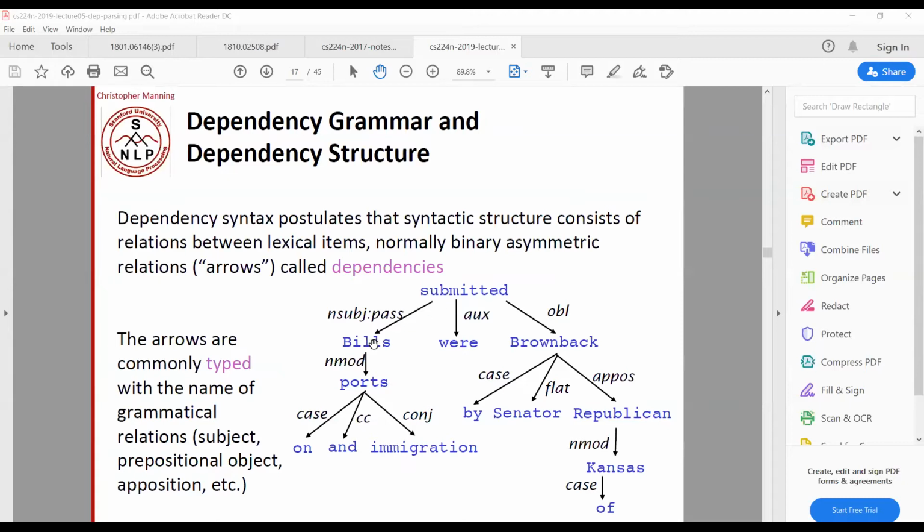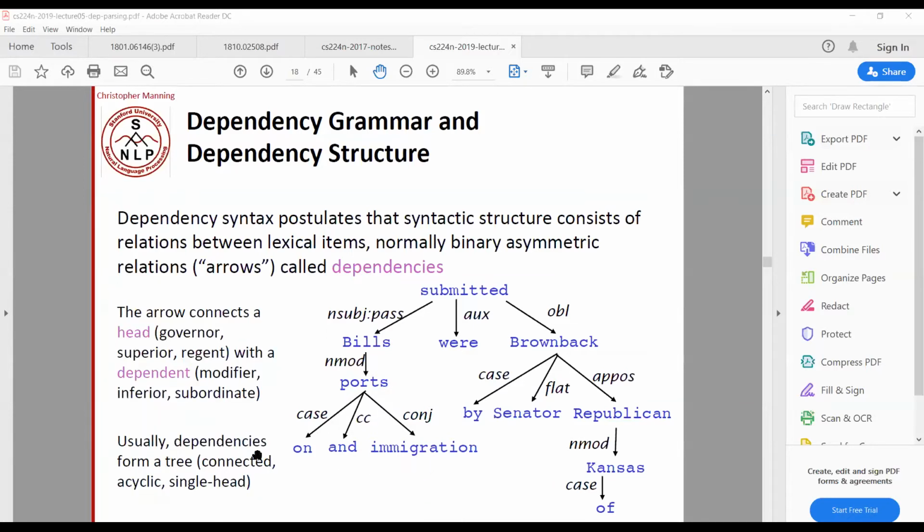Bills submitted were, so Republican Senator Brownback of Kansas submitted all these bills on ports and immigration. But this is really bad. He should have written the sentence that he's taking apart instead of just taking it apart. But you get the idea.